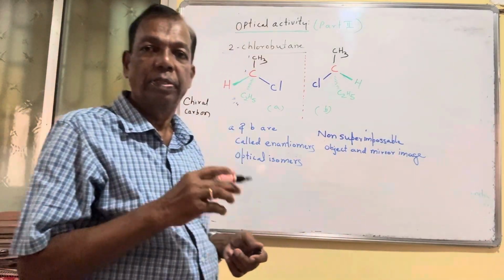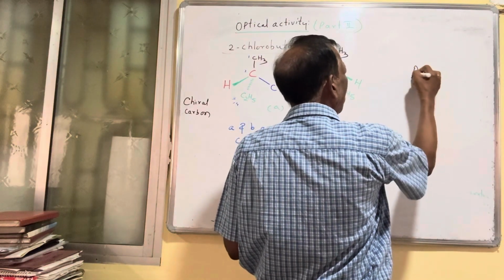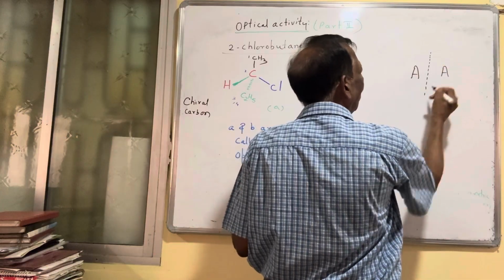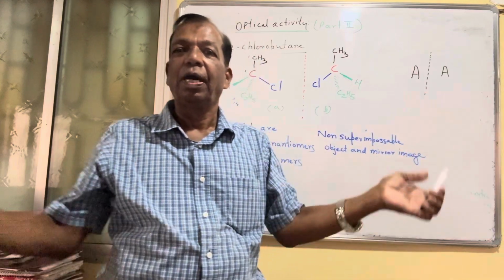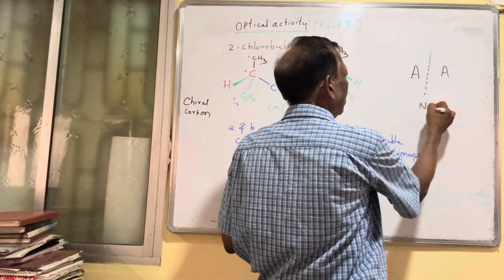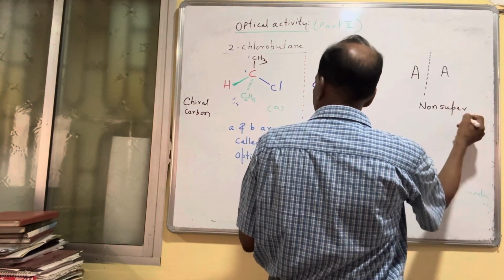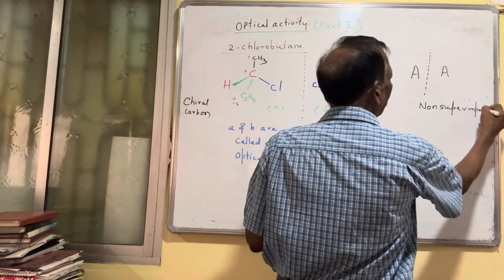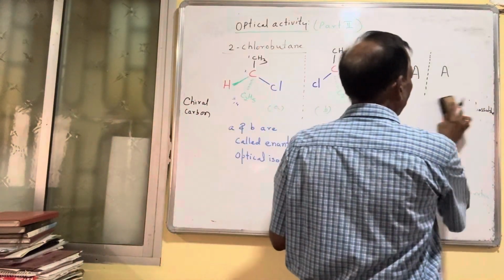Suppose object and mirror image. If I just put it this way, I'll put A here and another A this side. Now these two, the object and mirror image here, are superimposable. I think I'll rub it out and clean it so that you can follow properly.